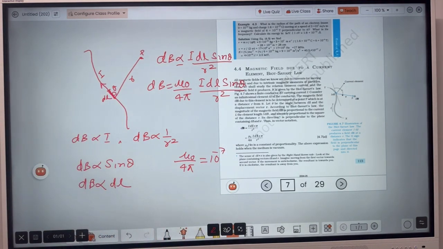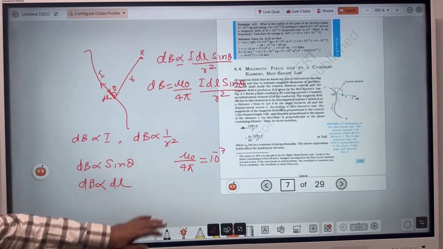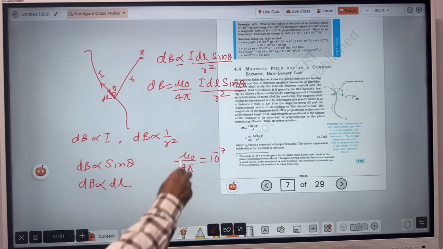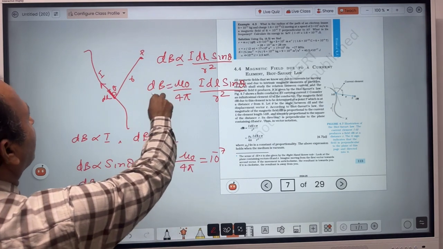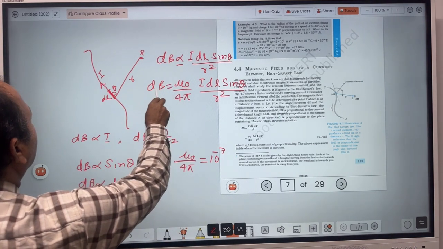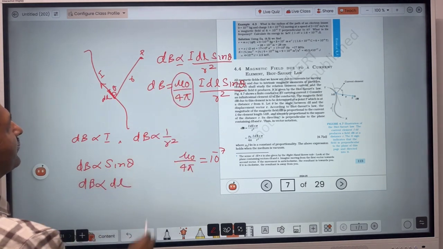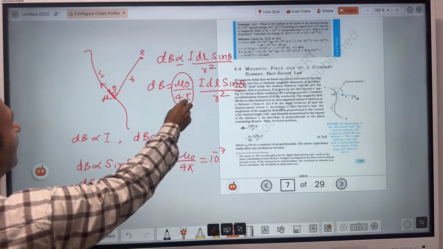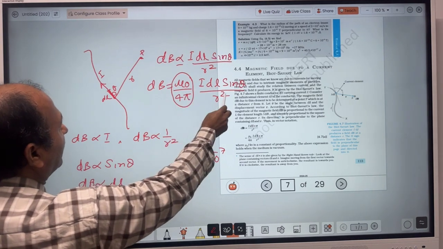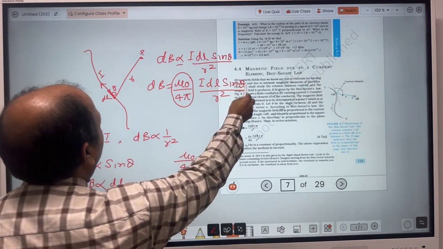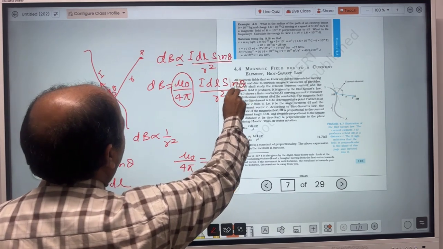Now there is a question, what is the unit of mu naught upon 4 pi? So in order to decide the unit, we can just find the unit from here. We need the unit of mu naught upon 4 pi. So keeping mu naught upon 4 pi here, other things I dl r square we can set to this side, sine theta for maximum value we can take as 1.